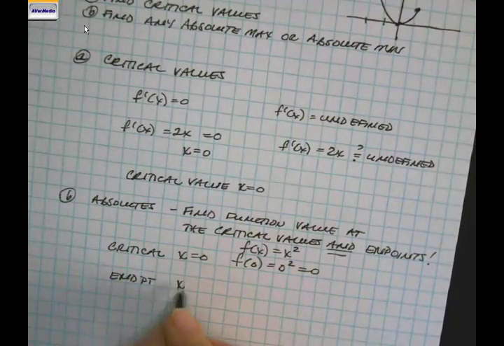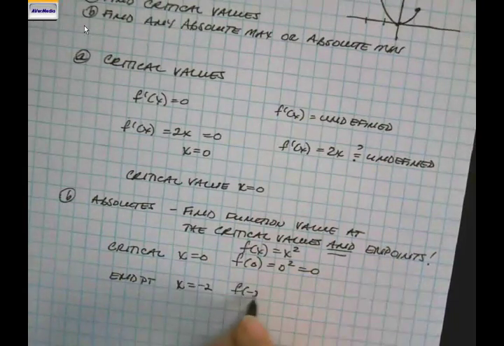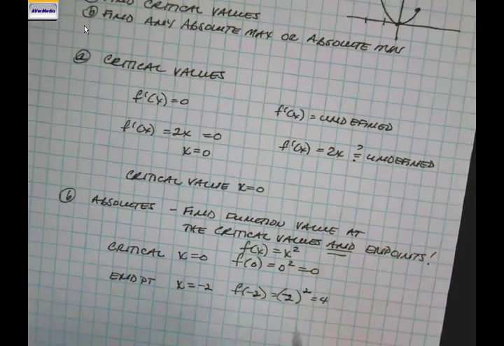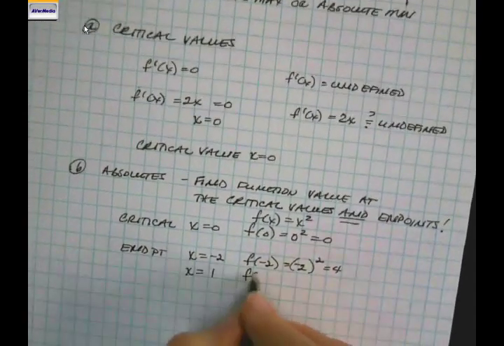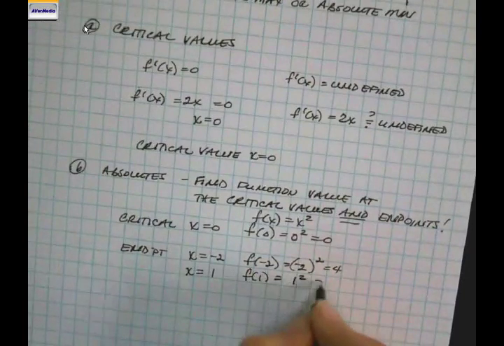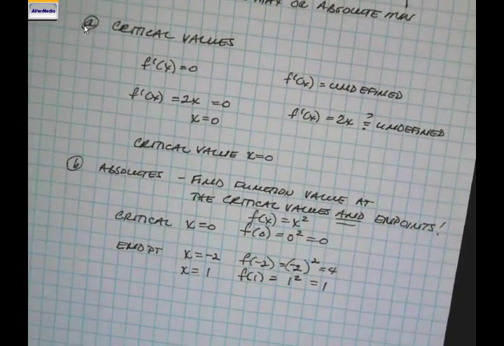One endpoint is x equaling -2, so f at -2 is -2 squared, which is 4. And the other endpoint is x equaling 1, so f of 1 is 1 squared, which is 1. So there's your three values.